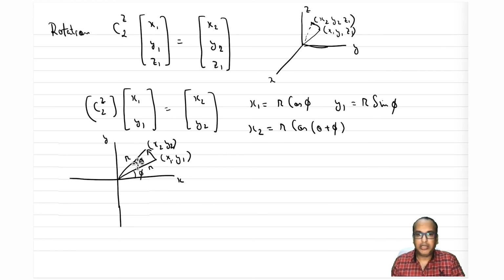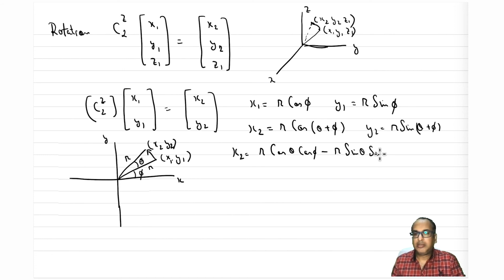Because that is the total angle, theta plus phi. And y2 can be written as r sine (theta plus phi), right? So now let's try to expand this. x2 is nothing but r cos theta cos phi minus r sine theta sine phi, right? That's my expansion for cos (theta plus phi).